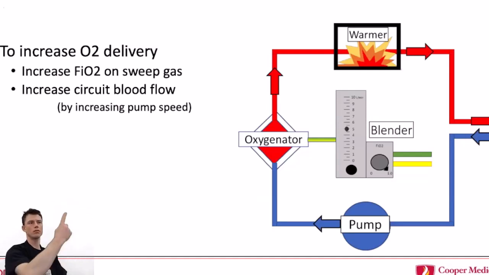The same thing with the sweep. And actually look at the units, it's liters per minute. On the ventilator, we can think about minute ventilation, which is also in liters per minute. So if we go up on our minute ventilation on the ventilator, we clear more CO2. If we go up on our sweep gas rate in liters per minute, we clear more CO2. They're analogous.